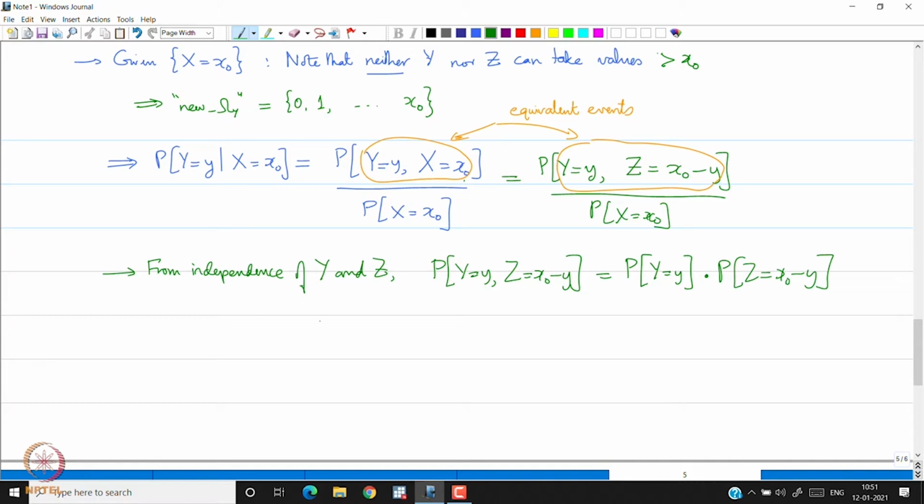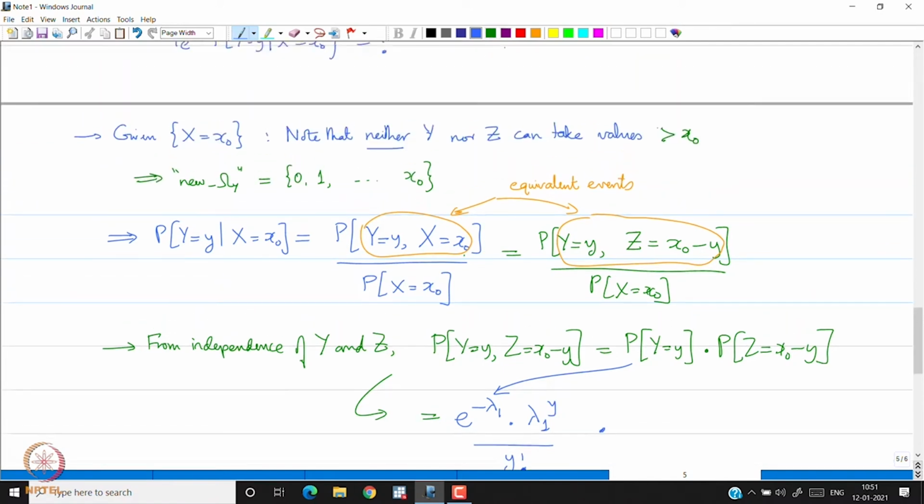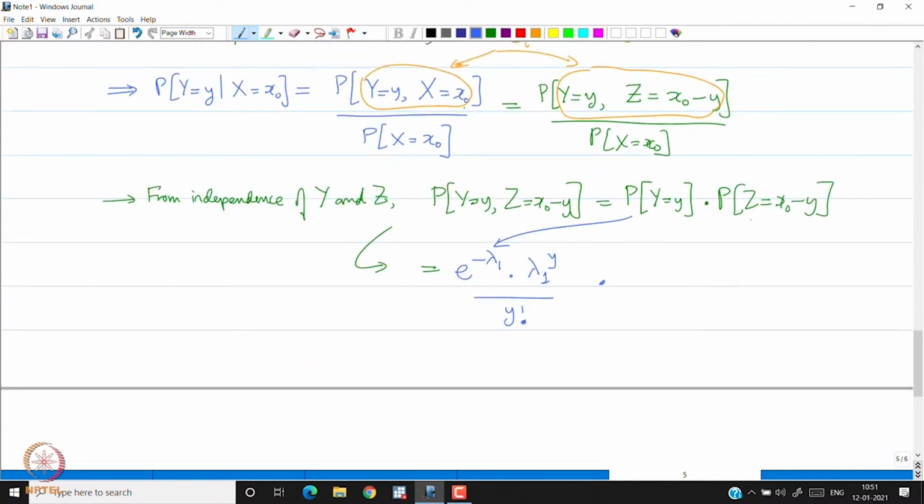So therefore this is going to be equal to, now Y equal to small y is basically e to the power of minus lambda 1 into lambda 1 to the power of y divided by y factorial, multiplied by the probability that Z equals x naught minus y, which is e to the power of minus lambda 2 into lambda 2 to the power of x naught minus y divided by x naught minus y factorial.